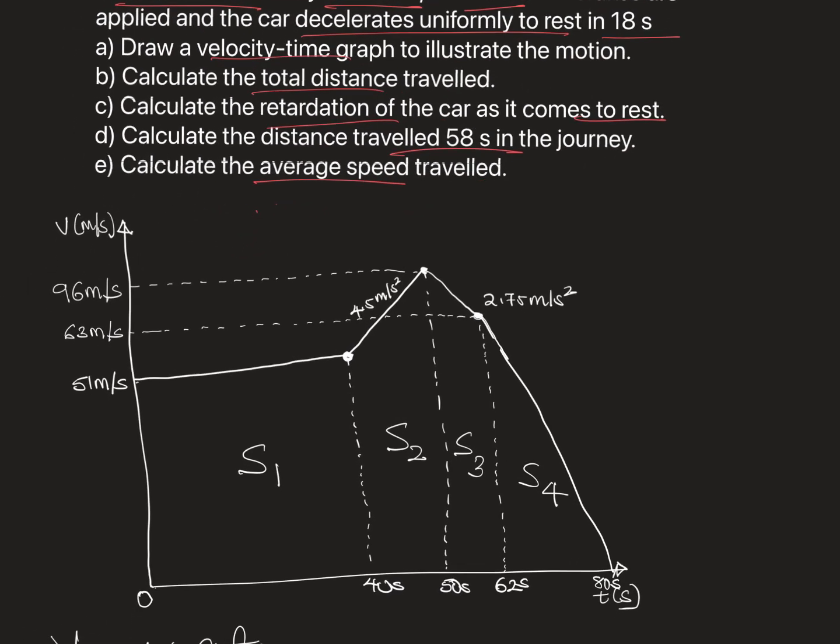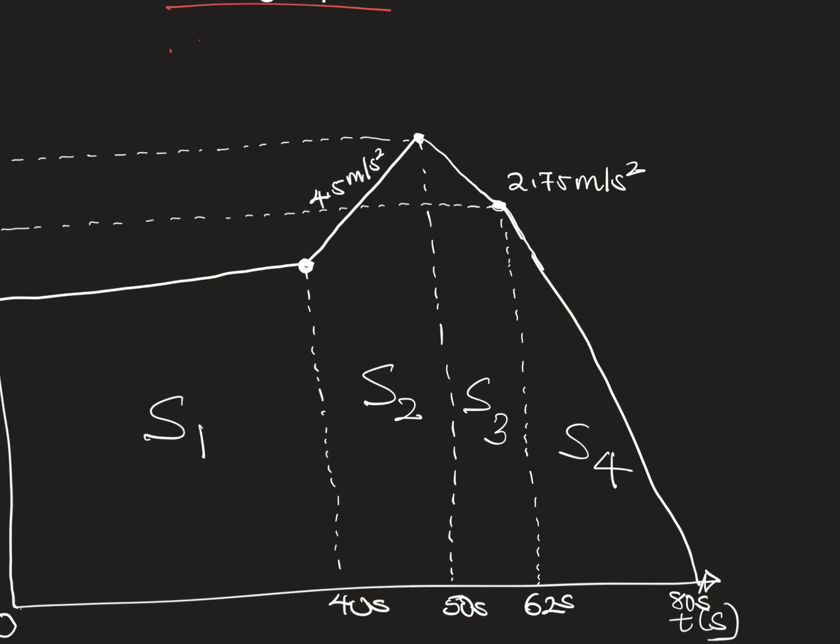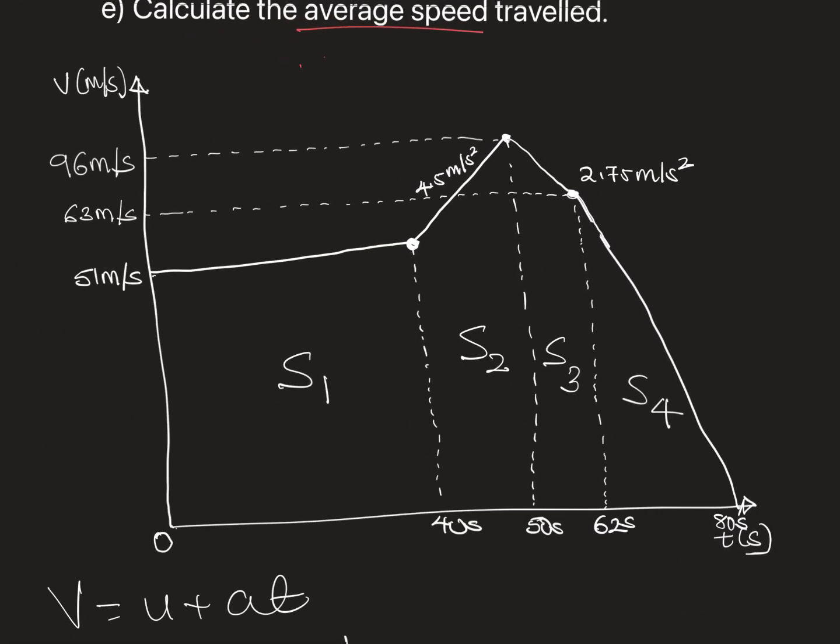The next question, question D, asks us to calculate the distance traveled 58 seconds in the journey. So we will ask ourselves, where will we have the 58 seconds? The 58 seconds will be somewhere between 50 and 62.